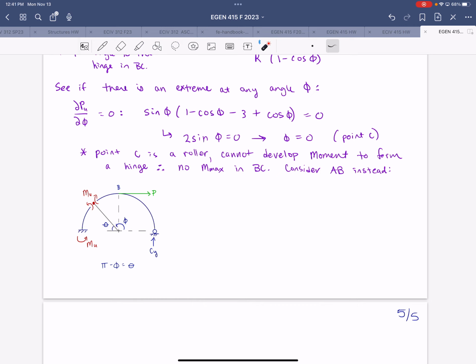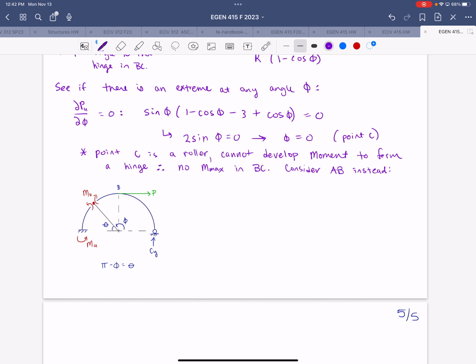Right, we can't have one equation that covers the whole range because we have the applied load at B. So that breaks it up into two distinct segments.